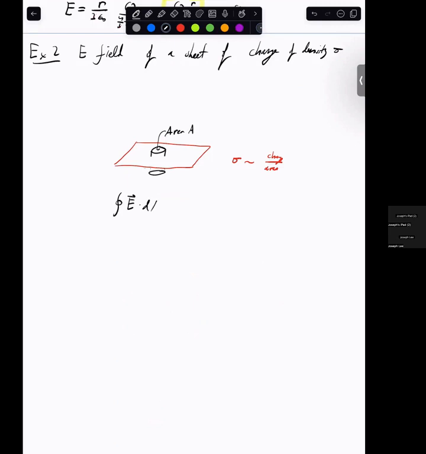I set up my same Gauss law setup. The Q enclosed should be this area here. I'm going to shade it in. This area here, A, times sigma. Because since sigma is a surface charge density, and since we're enclosing an area of A, this will tell me the total charge that I've enclosed.